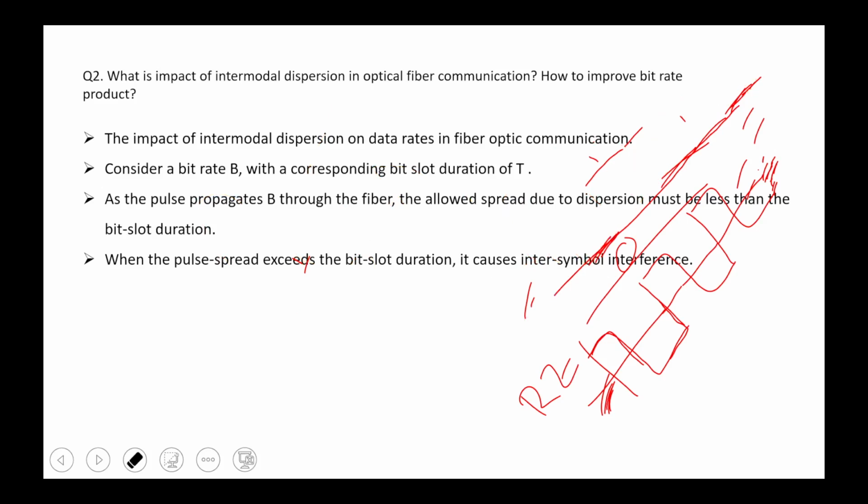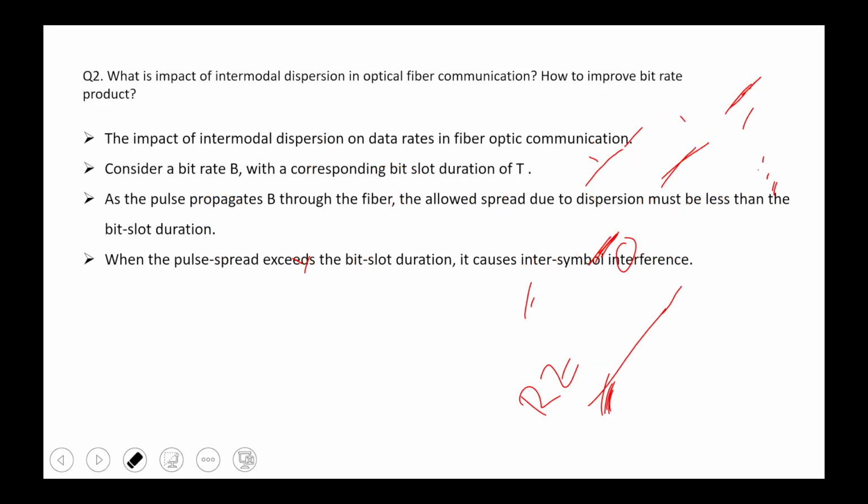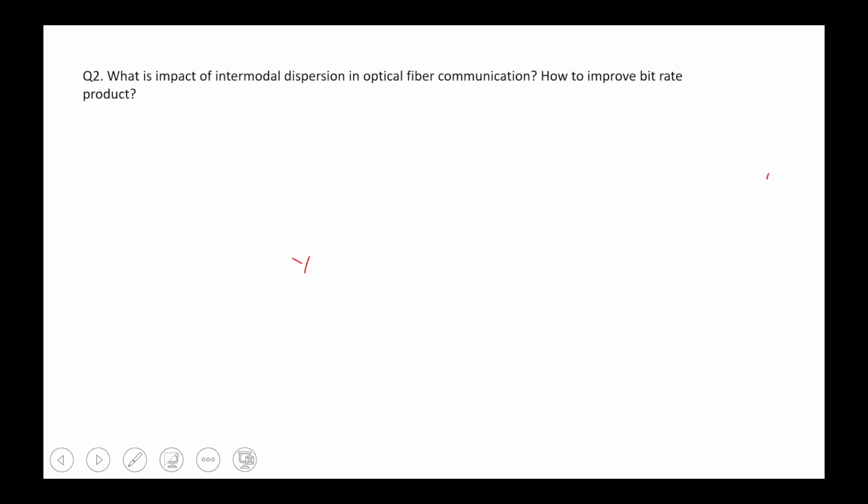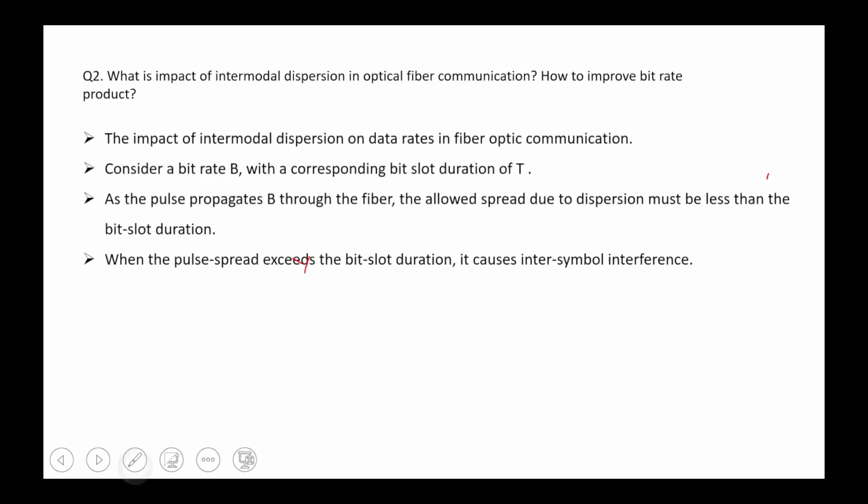You have read about bit rate and baud rate. It must be less than or equal to 1 by 2 tau, related to the sampling frequency.